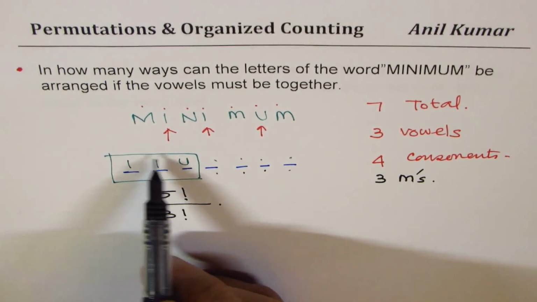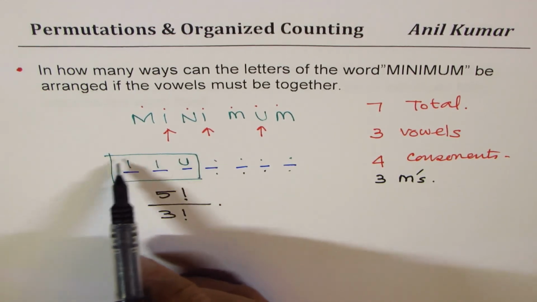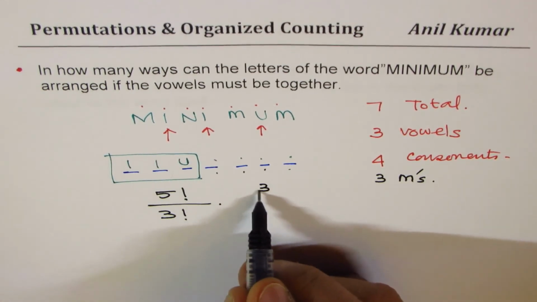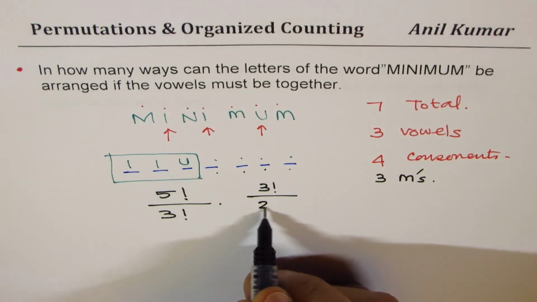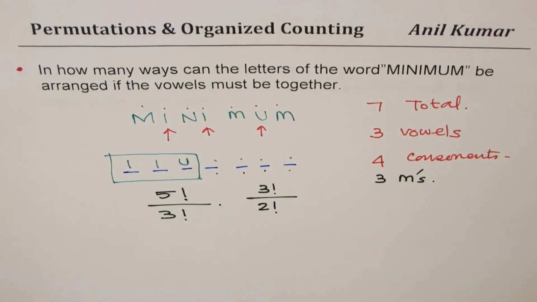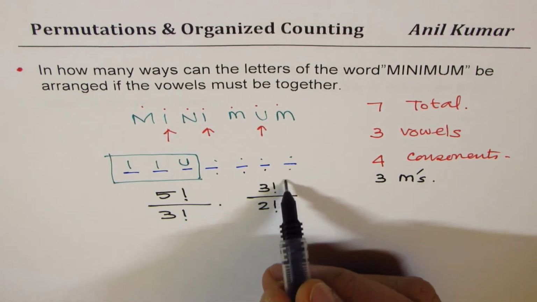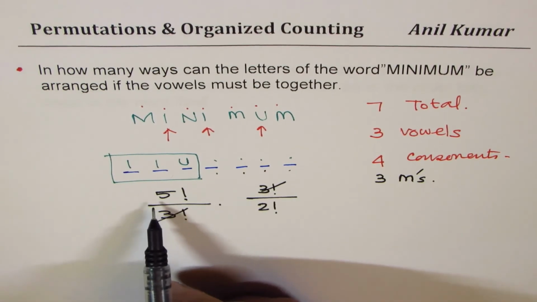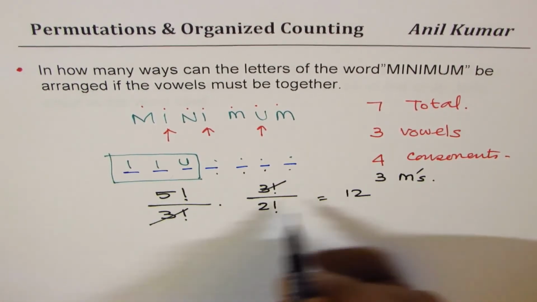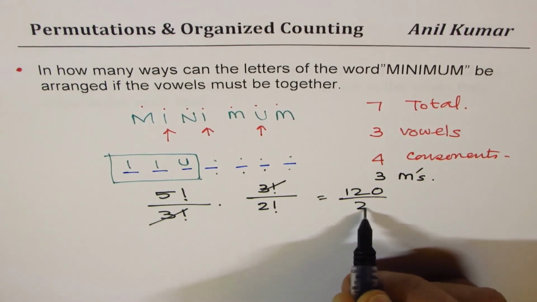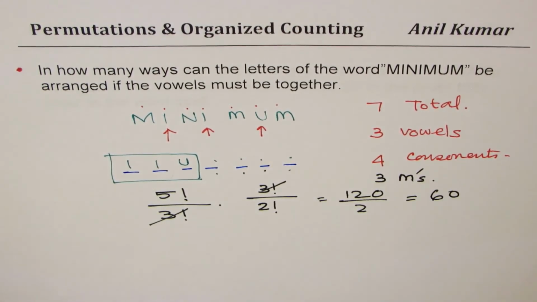Now, these vowels could figure in 3 factorial ways, but here again we have 2 I's, so that should be divided by 2 factorial. Do you see that? So that is how this should be answered. It's a very important question. So 3 factorial cancels. We are left with 120 divided by 2, which is 5 factorial divided by 2, and that gives you 60 as your answer, right?